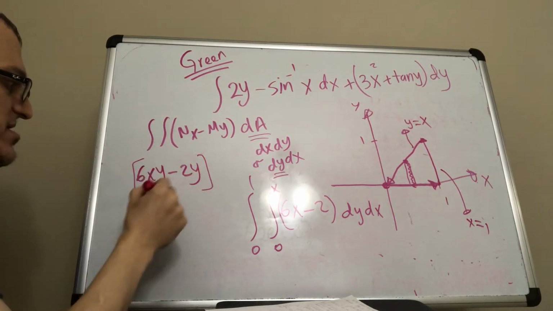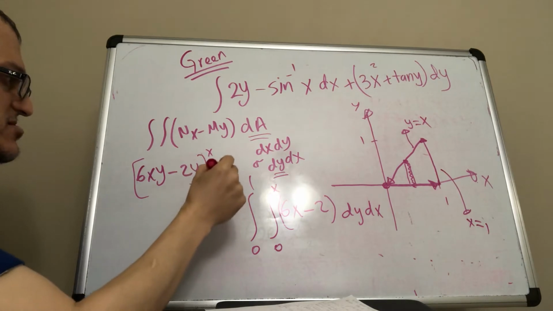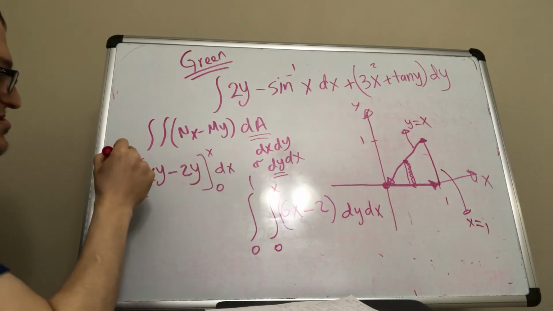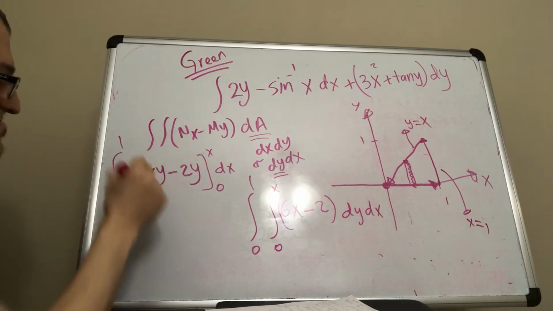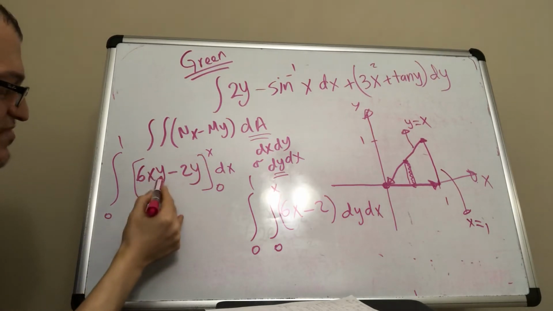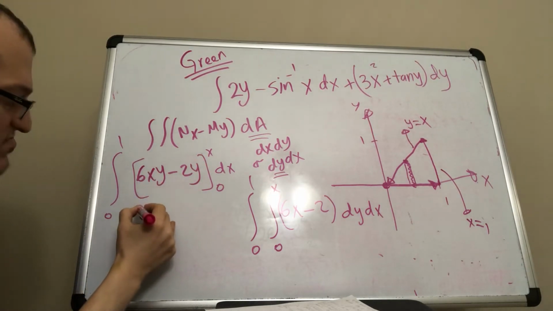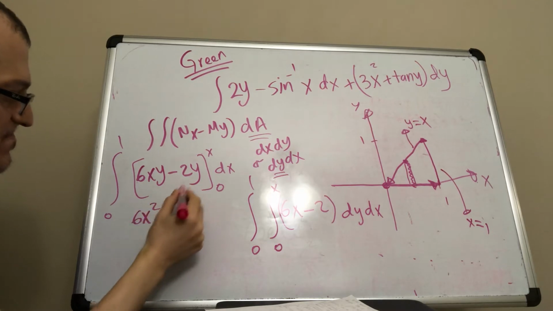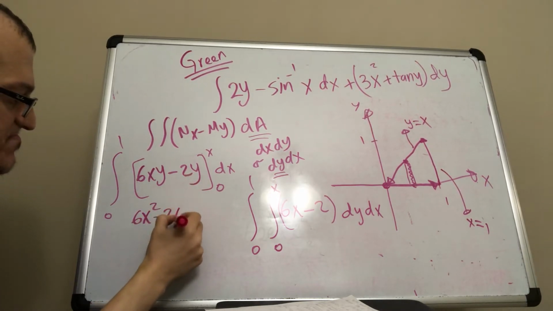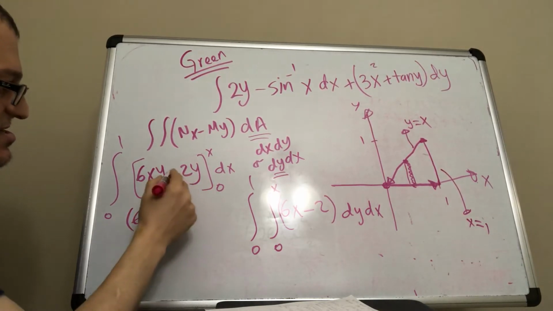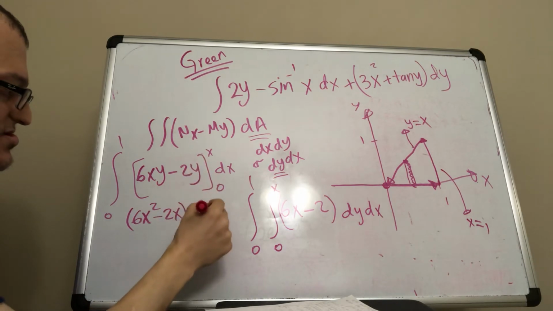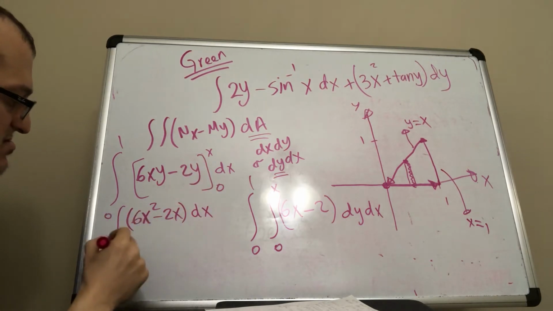Then I'm going to plug x and 0, and still need to do this dx from 0 to 1. Plug x, 6x times x would be 6x squared minus 2x, and the 0 would be 0, so you're integrating this dx.